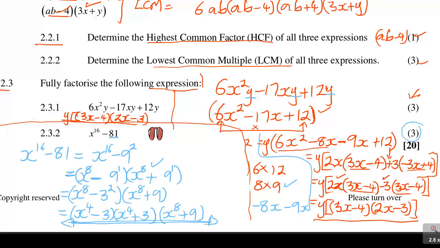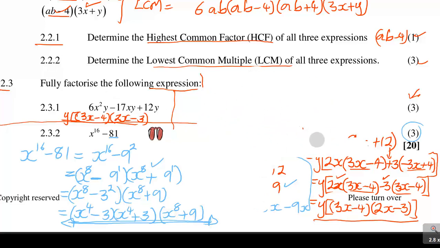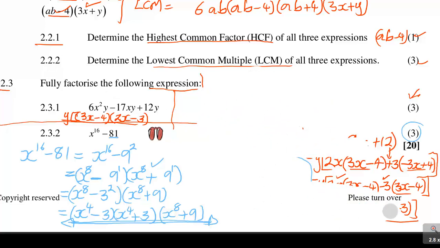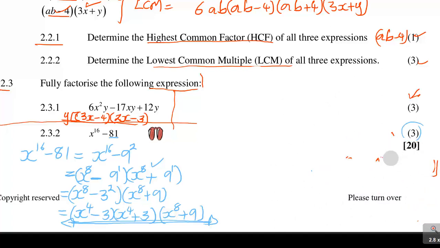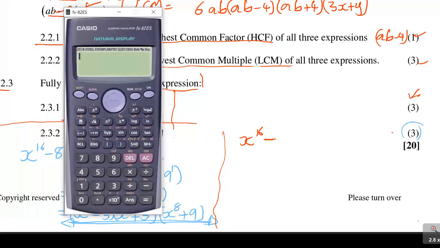Just for, as I said, I will show you two ways you could have approached it. There was another way you could have approached also, but still it was going to lead to the same answer. Now what I was saying is, if you had, in this case, your x to the power of 16 minus 81, so now it is your calculator in this case that must be handy to know that 3 is a factor of 81.